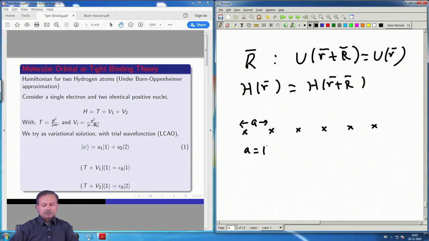The distance between 2 lattice points, which is the same as for any other lattice point, is between nearest neighbors. These are called nearest neighbors. So, this one, for example, has its nearest neighbors, this one and this one. Similarly, the next one has its nearest neighbors, this one and this one.